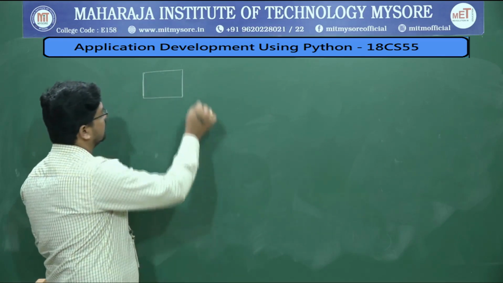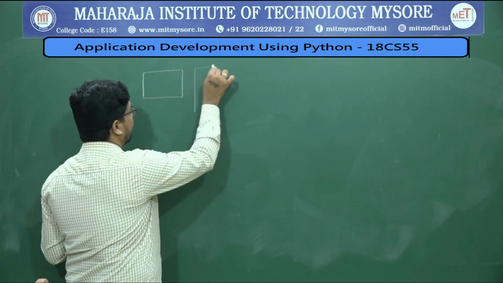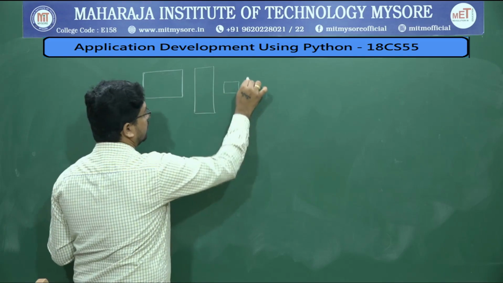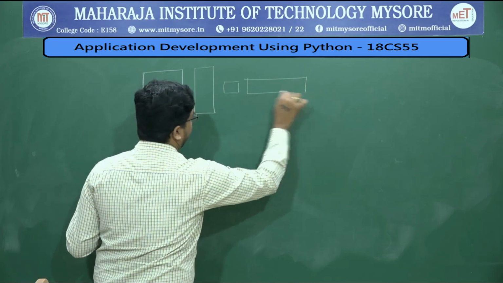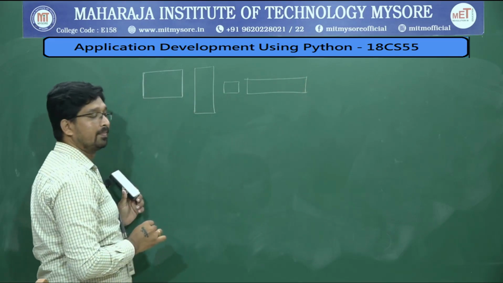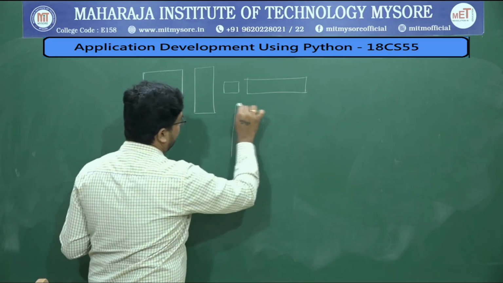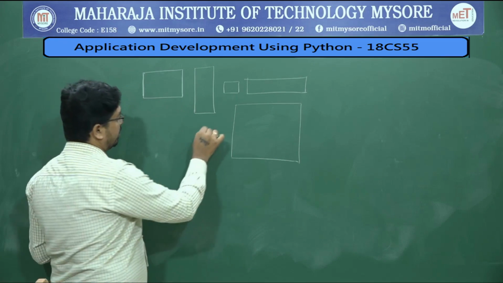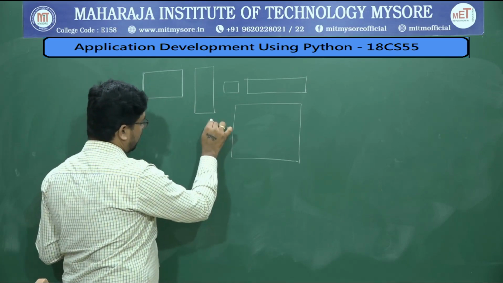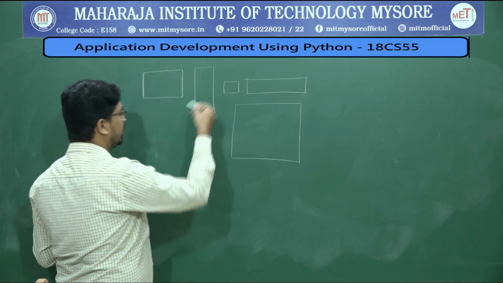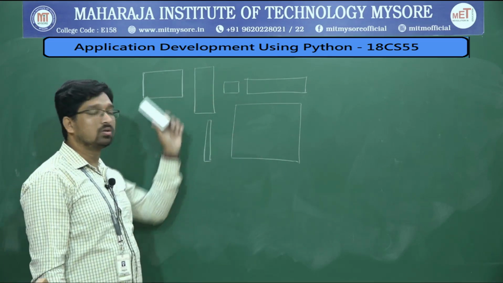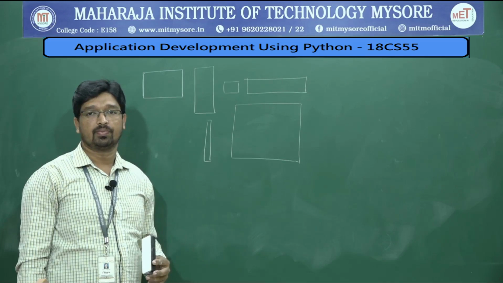Let us say this is one rectangle, or you can have this way of rectangle, or a very small one, or a horizontal rectangle, or a very big rectangle, or a very small vertical rectangle. There will be different types of rectangle, but you need to store all this information.